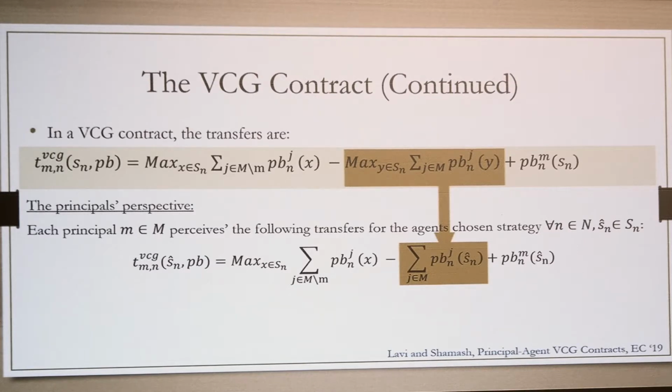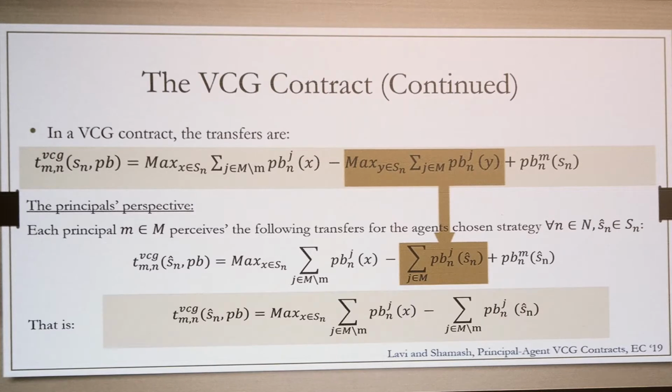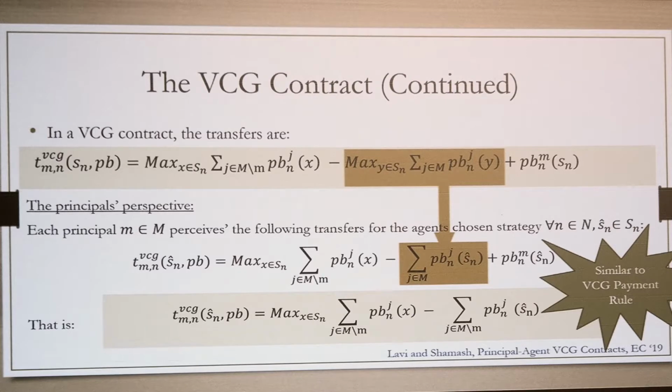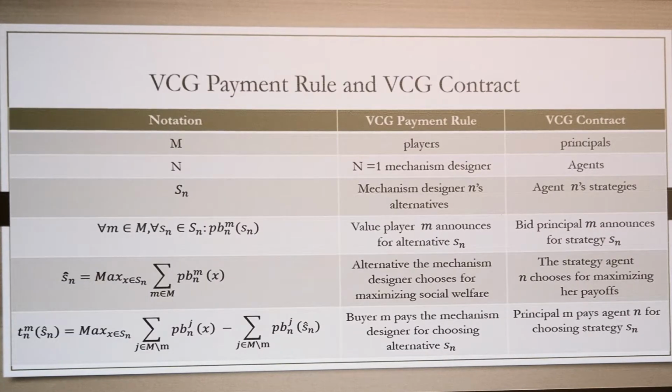Now principal M subtracts the third term from the second term and sees this equation. This is what principal M is going to pay agent N. Now this looks very much like the VCG payment rule, which is nice because it means we have all the VCG payment rule's properties. So what's the connection between the VCG payment rule and the VCG contract?